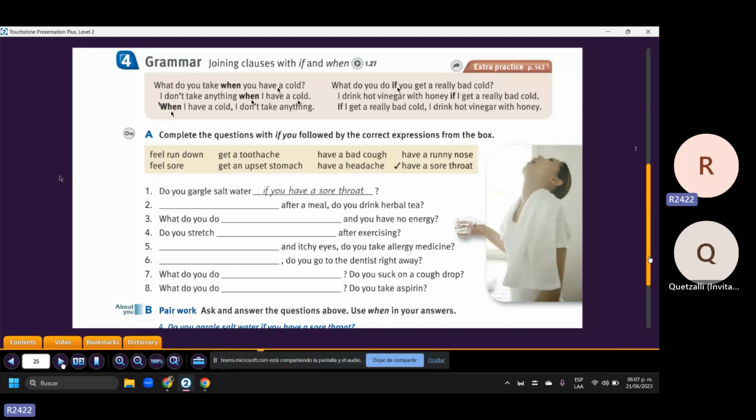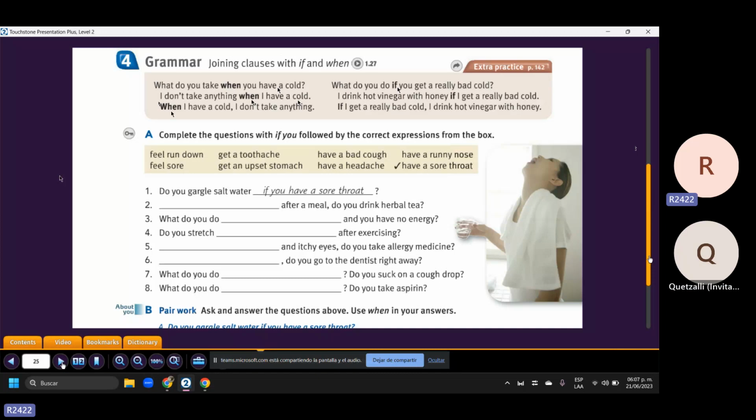Exactly. Easy. Okay. Questions about vocabulary? What is cough drop? Well, what do you do if you have a bad cough, right?